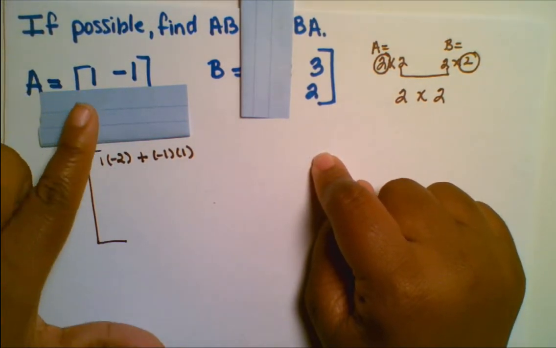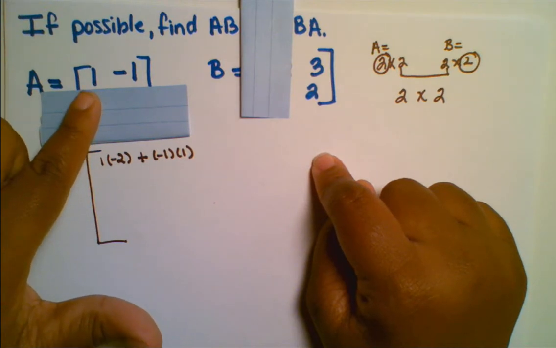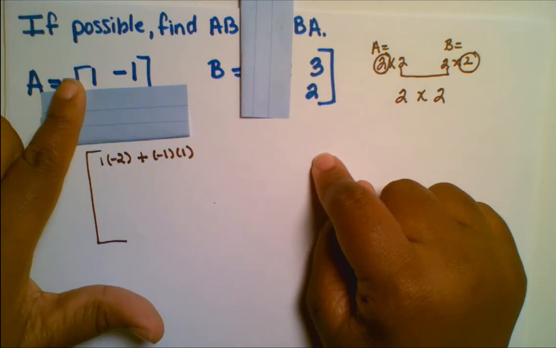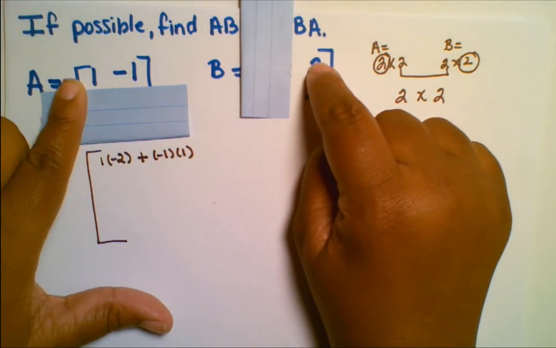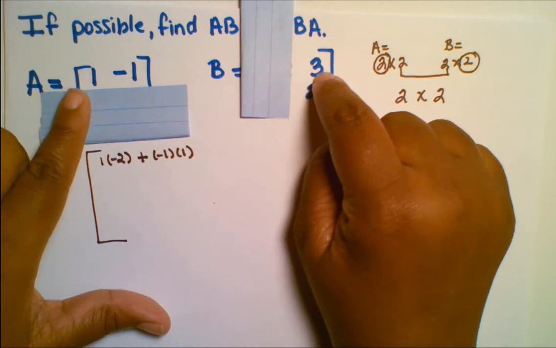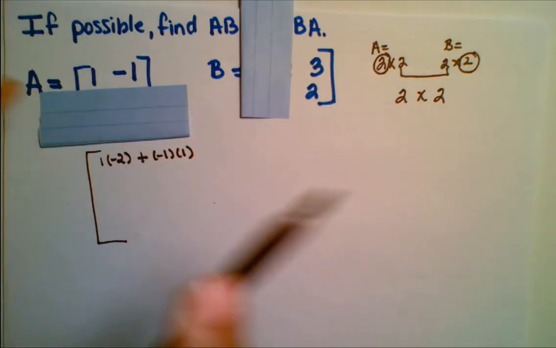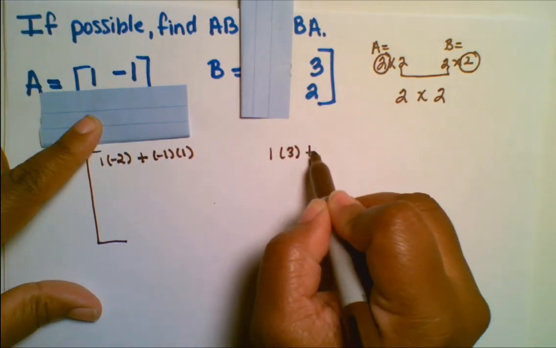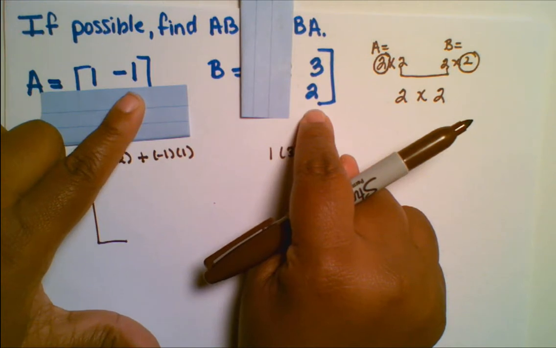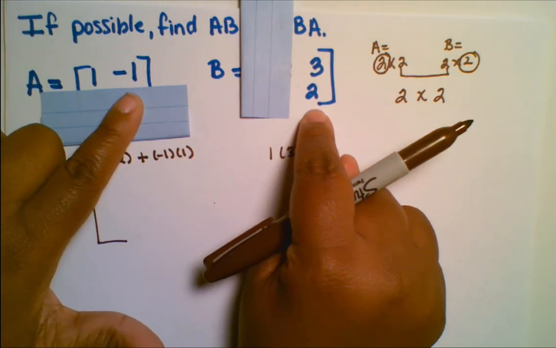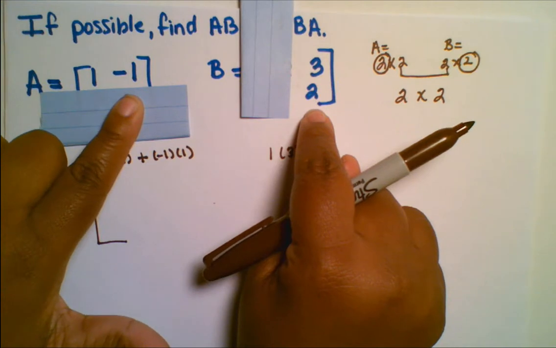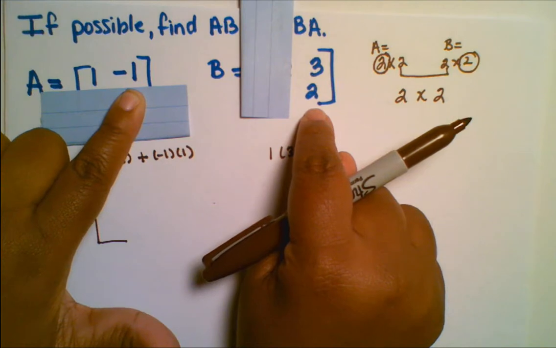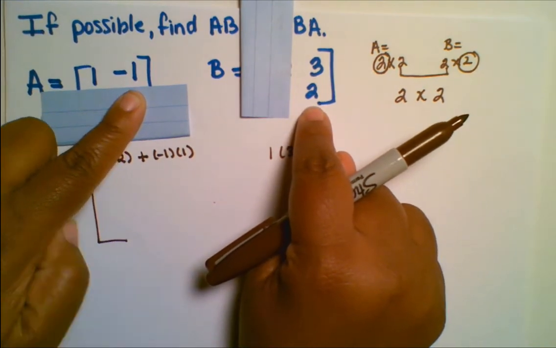Here again, we multiply the first element in the first row of A by the first element in the second column of B. So 1 times 3, plus the second element in the first row times the second element in the second column.